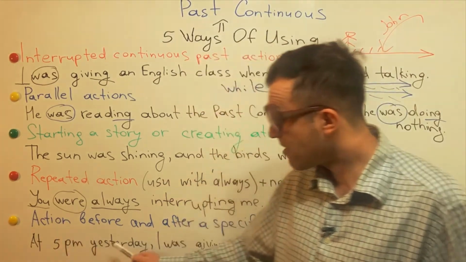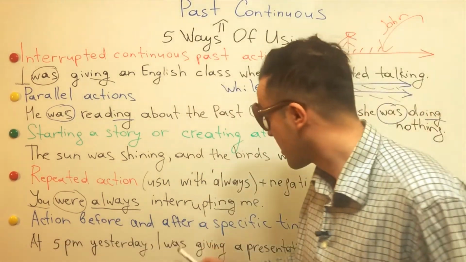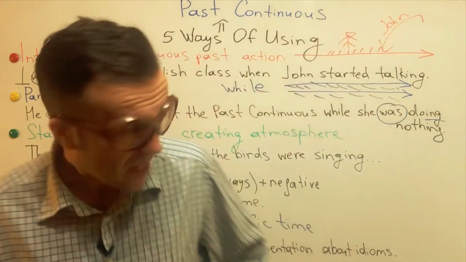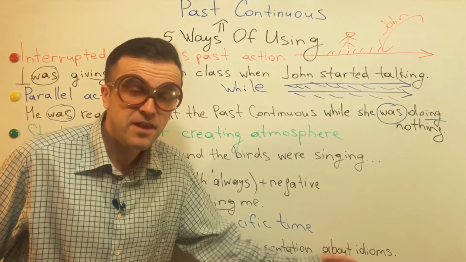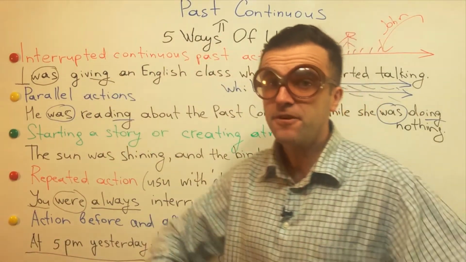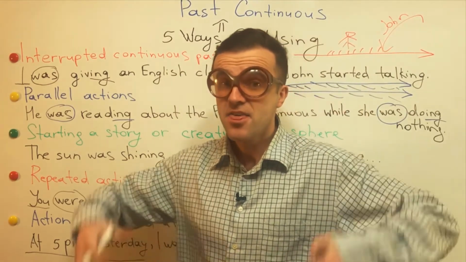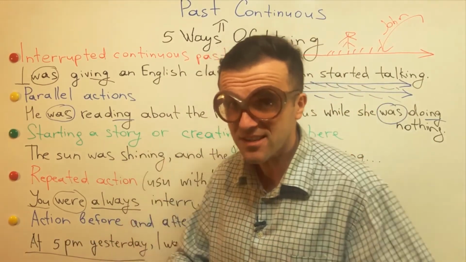At 5 p.m. yesterday, this is a particular time, I was giving a presentation about idioms. This is a particular time. And if we have this particular time, that is the marker for using the past continuous.